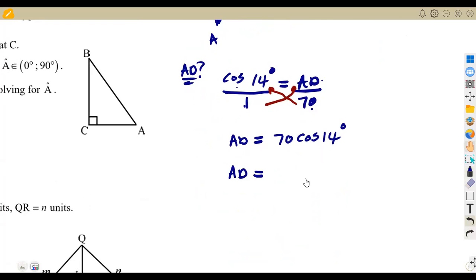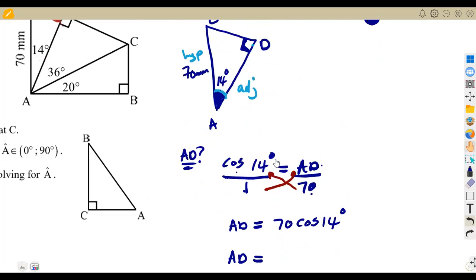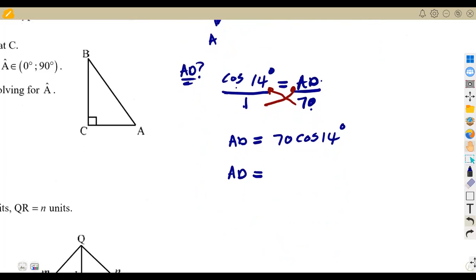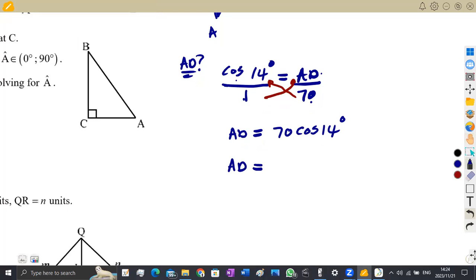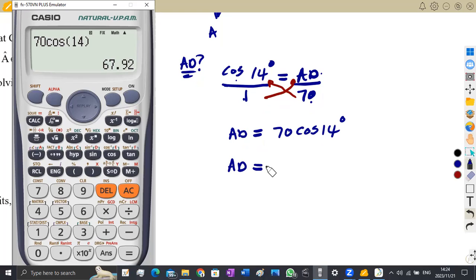In millimeters, as you can see, the other units you're given are in millimeters. We just need a calculator to simplify, and our calculator is already fixed to 2 decimal places. So 70 cos 14 is going to be 67,92.